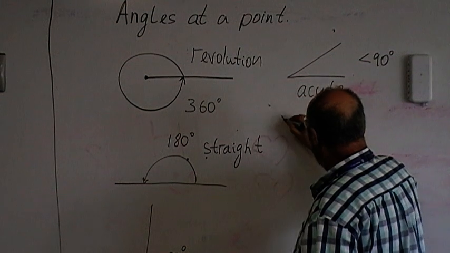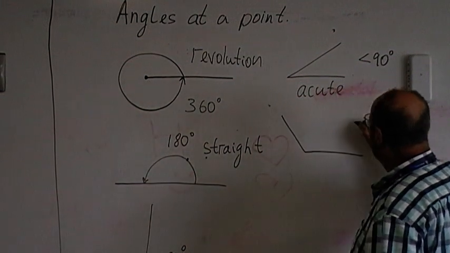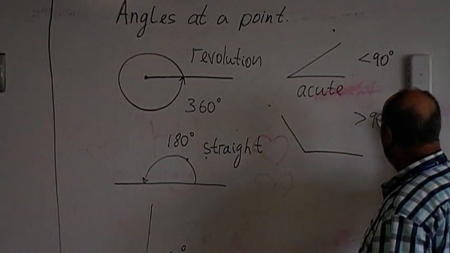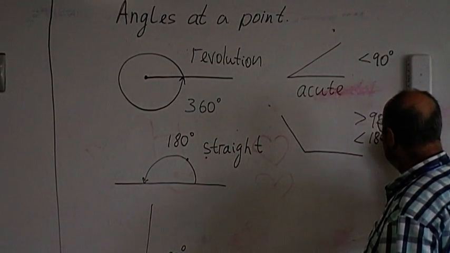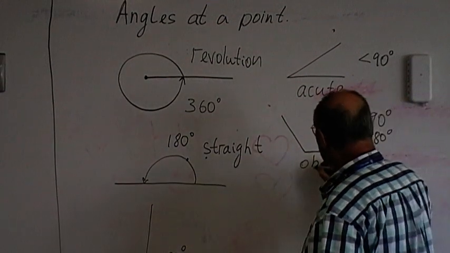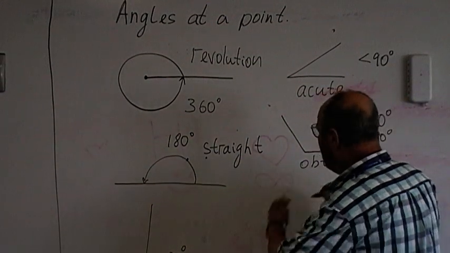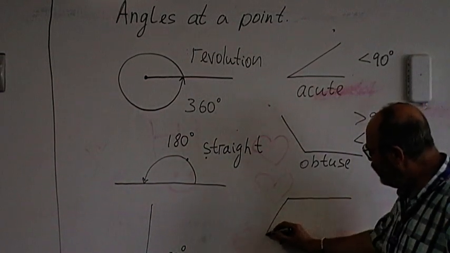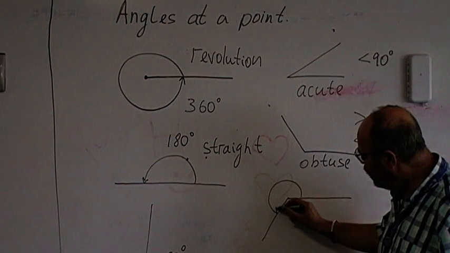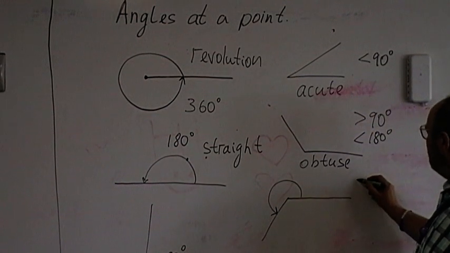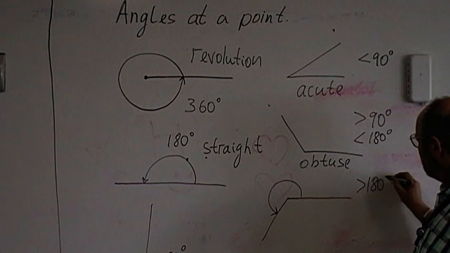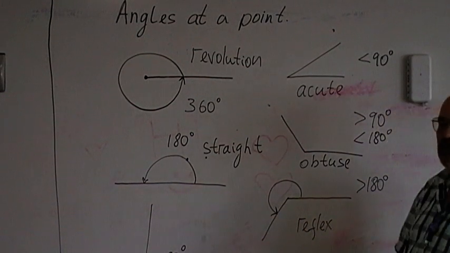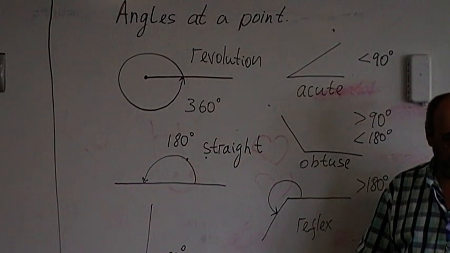If we have an angle greater than 90 degrees but less than 180 degrees, it's called obtuse. And an angle that is more than 180 is a reflex. That's all you've learned before, so I'm just reminding you.